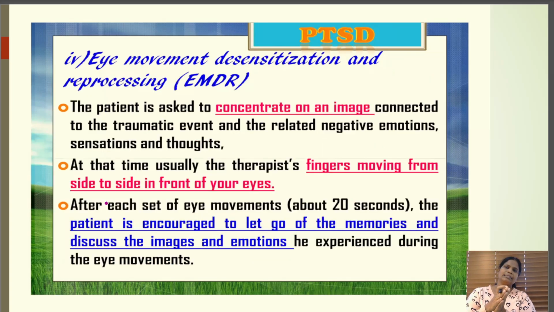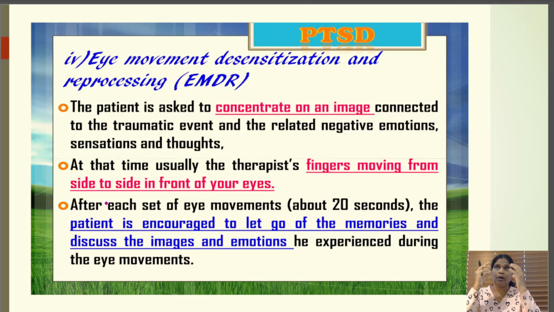Then another thing is eye movement desensitization and reprocessing. Here the patient is asked to concentrate on an image or an event which he considers traumatic, and the emotions and thoughts. The therapist, whoever is dealing with this person, will move his fingers from one side to another in front of the person's eyes, and the person is asked to open his eyes and just imagine an event while the therapist moves his fingers from one edge of the eyes to another.